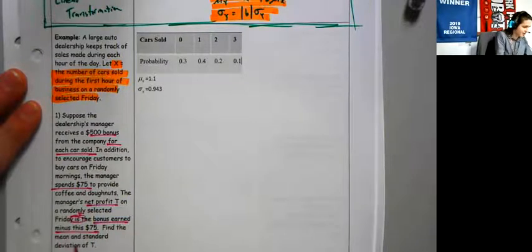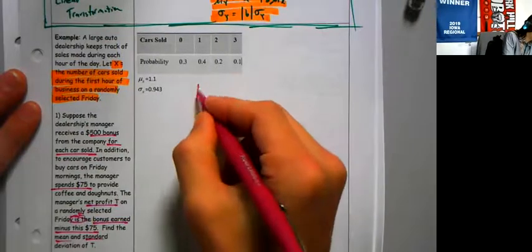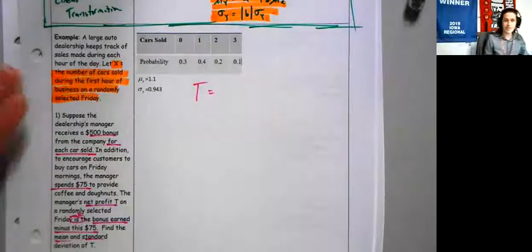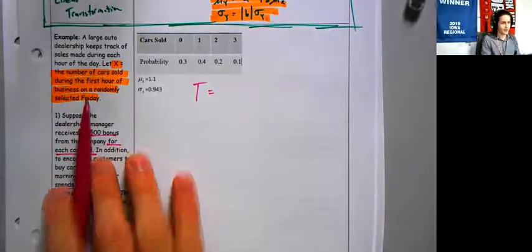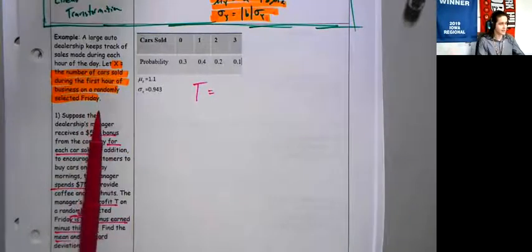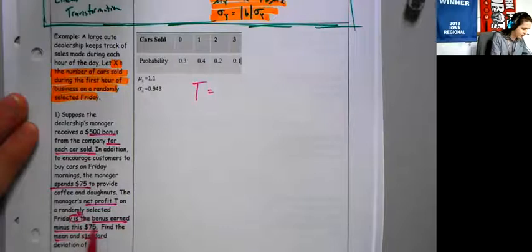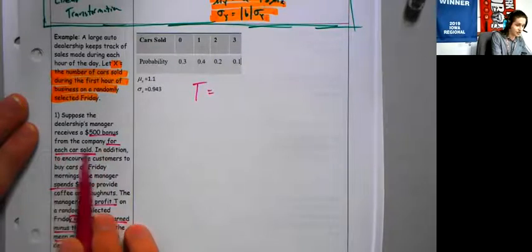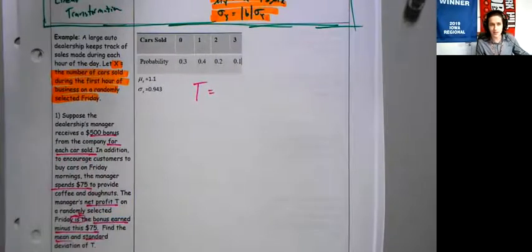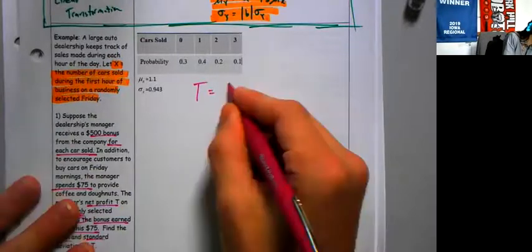Find the mean and standard deviation of T. So the very first thing we need to do is say, what is T, and how do we write T in terms of X? T has something to do with the number of cars that are sold. The amount of money this manager gets depends on how many cars he sells. The net profit is the bonus earned minus this 75. We get a $500 bonus for each car sold. How do I write that in terms of X? He gets $500 for each car he sells: 500X.